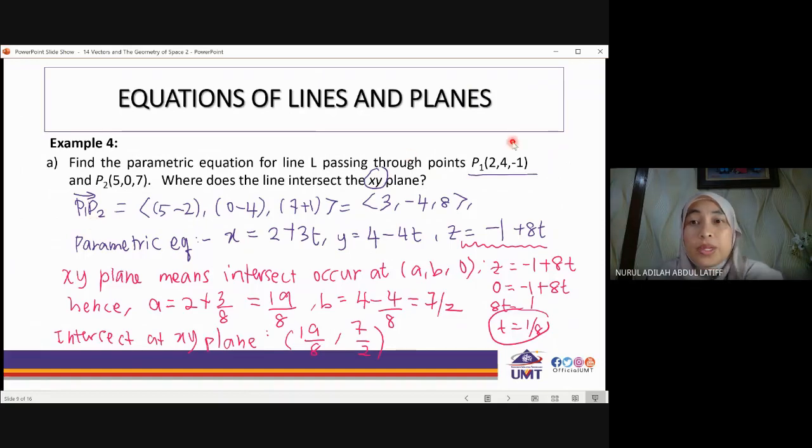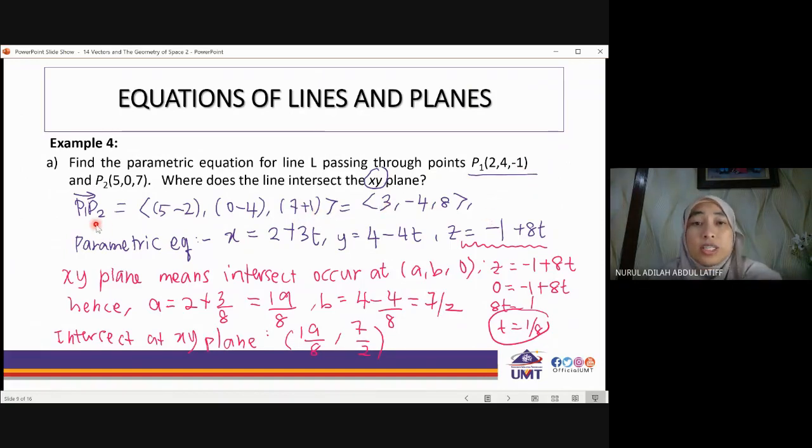So now P1P2 is found by 5 minus 2, 0 minus 4 and 7 minus 1, or 7 minus negative 1, and you'll get 3, negative 4 and 8.